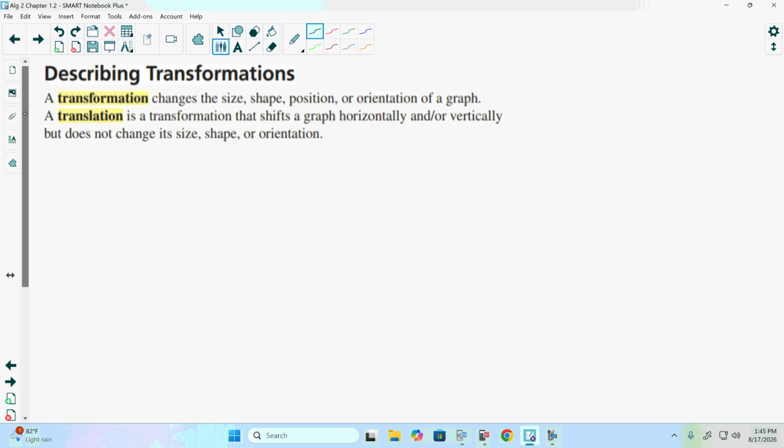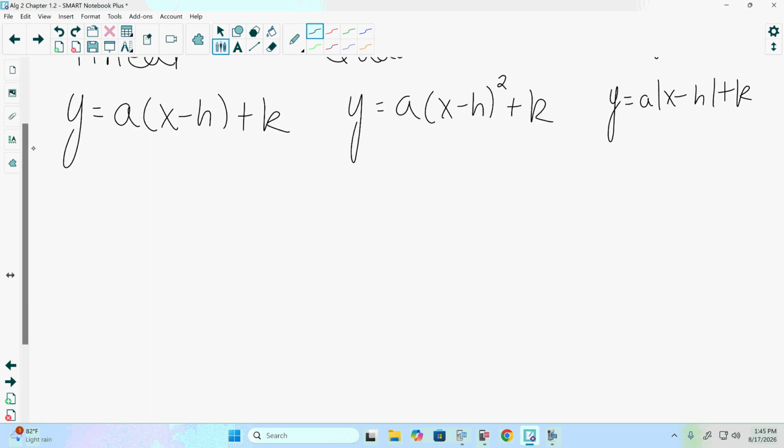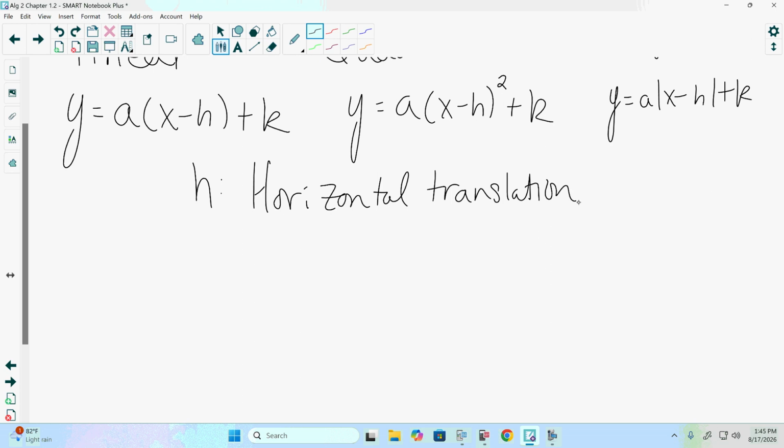Now with this, I like putting it right here. One of those is H. H is going to be our horizontal translation. Left or right.